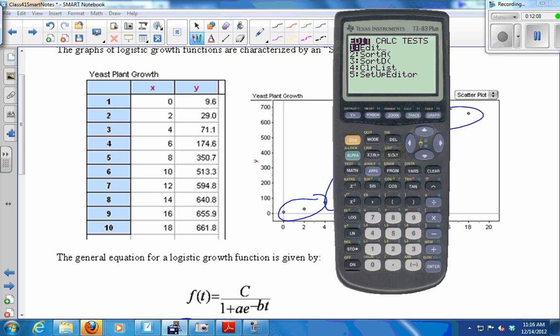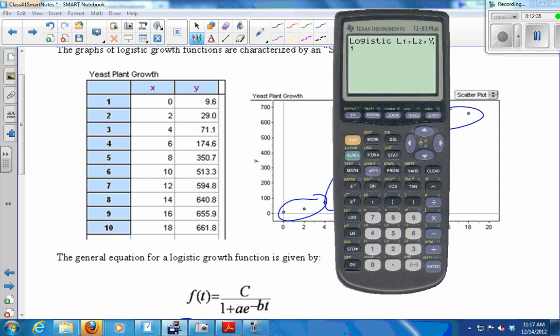So I go Stat, well, I should go to my home screen here. Stat, Calc, and as I scroll down, option B is logistic. So you do logistic, then you say use list 1 and list 2, and put the result in Y1. And the logistic regression takes a longer time than all the other ones.